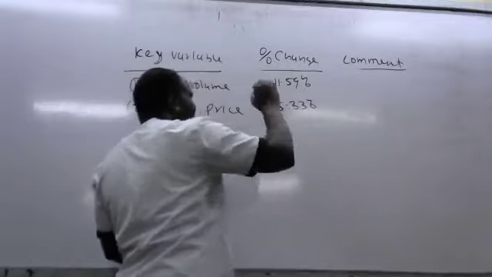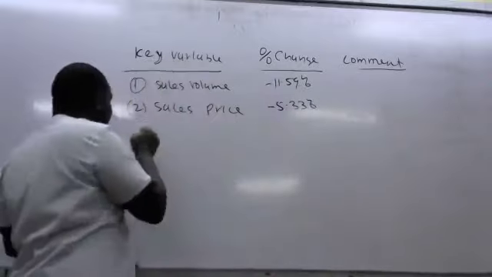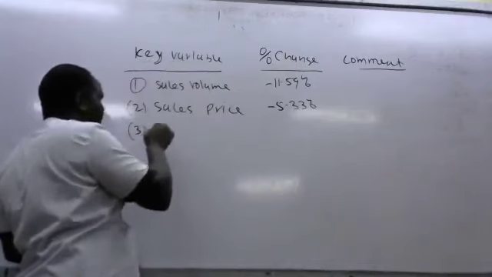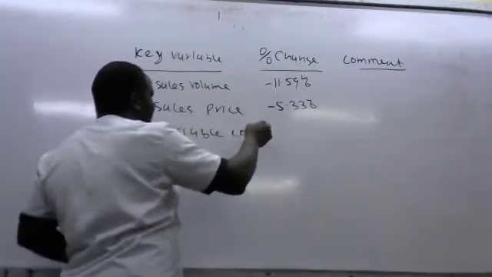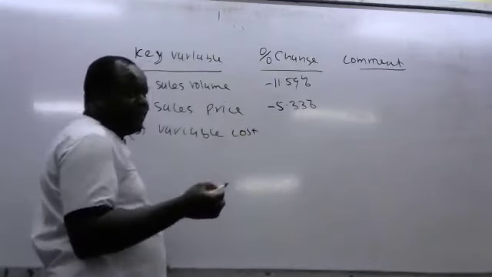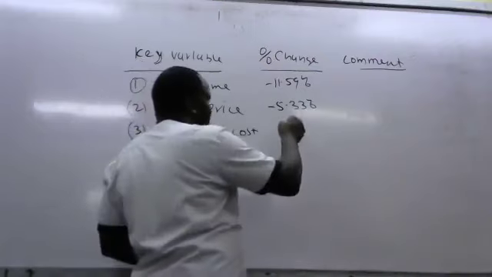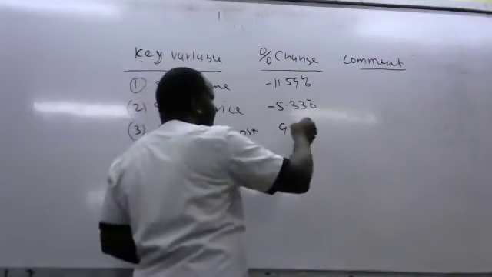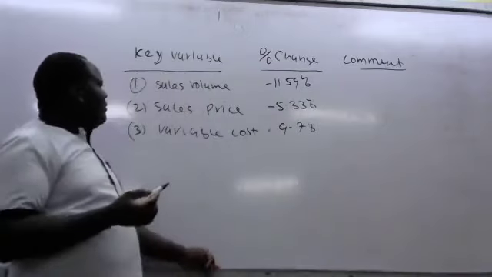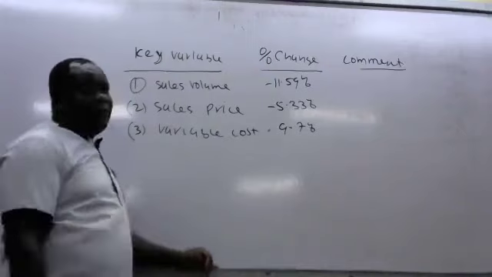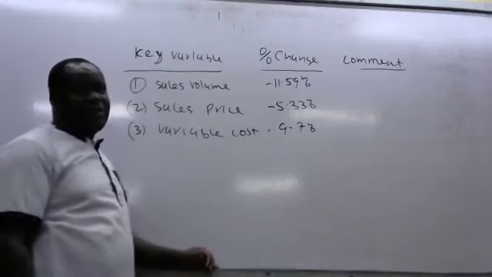So there were negative values. The variable cost was how much? 9. It was negative. Okay. So we are looking for a very slight change that will make you reject the project.